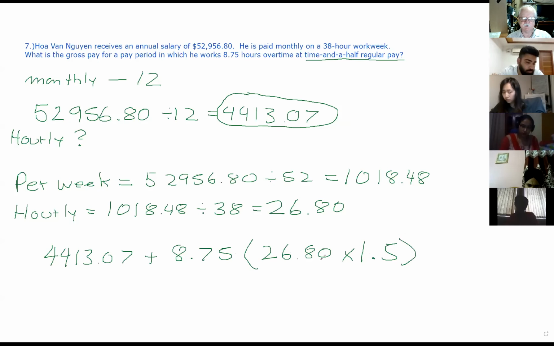So this will give us his hourly overtime rate, and then multiply it by 8.75 will tell us what he got for this number of hours overtime. And then we have to add it to the regular pay he gets.